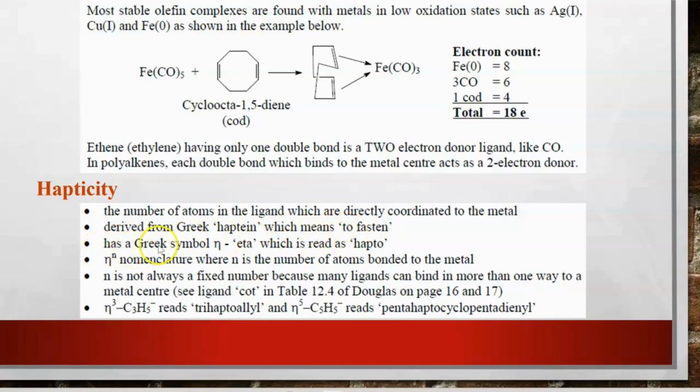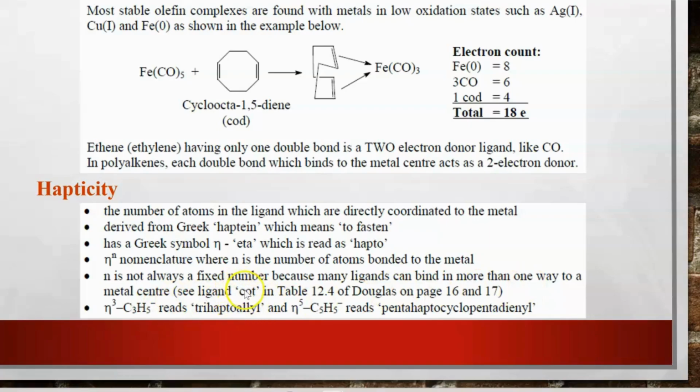It has the Greek symbol eta, which is read as hapto, and the nomenclature is eta-n, where n is the number of atoms bonded to the metal center. We count the number of atoms bonded to the metal center and represent it using the eta superscript n. And n is not always a fixed number because many ligands can bind in more than one way to a metal center.